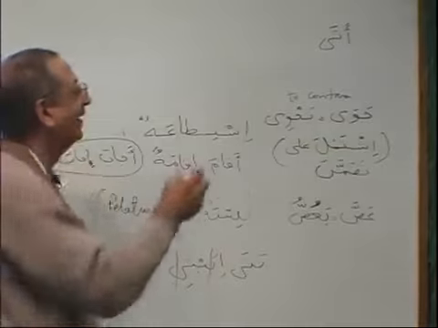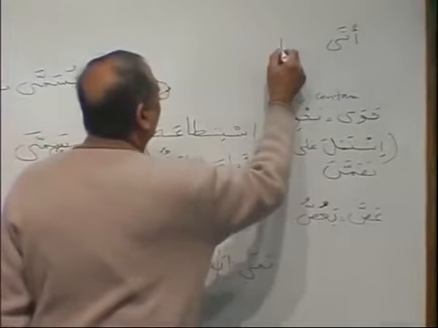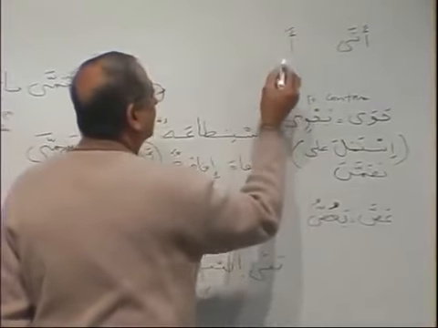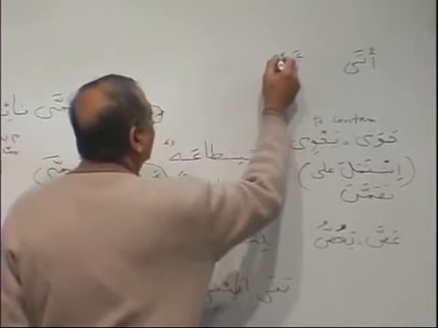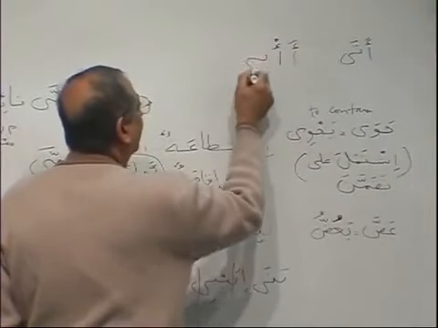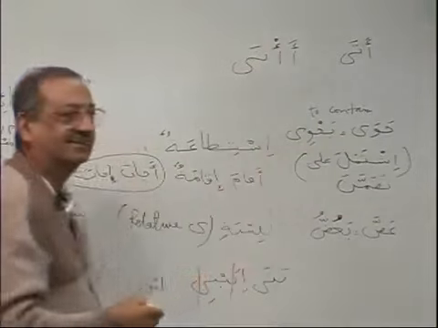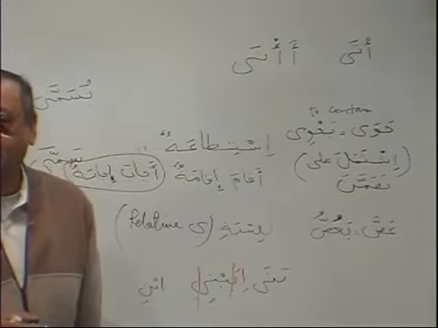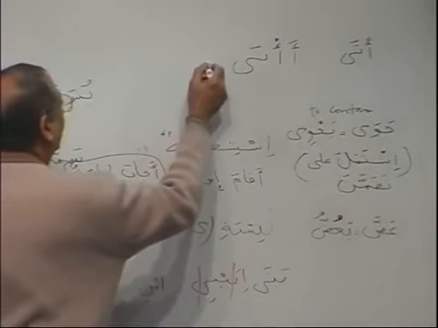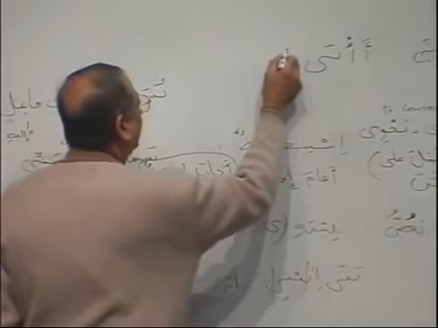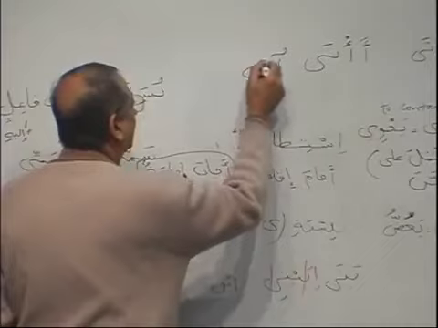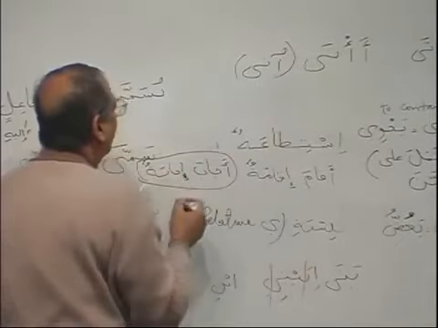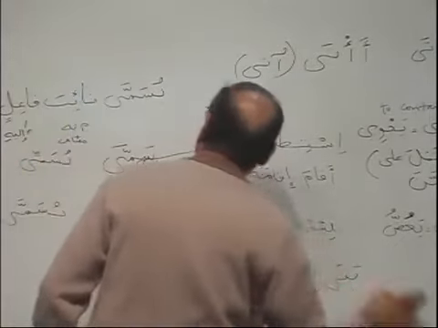Are you with me? So when you change it into form 4, we bring Hamzatul Qat', and then the next Hamza gets a sukun, and then it is ta. Ata. Are you with me? Ata. Now how do you write ata? Like this. Are you with me?